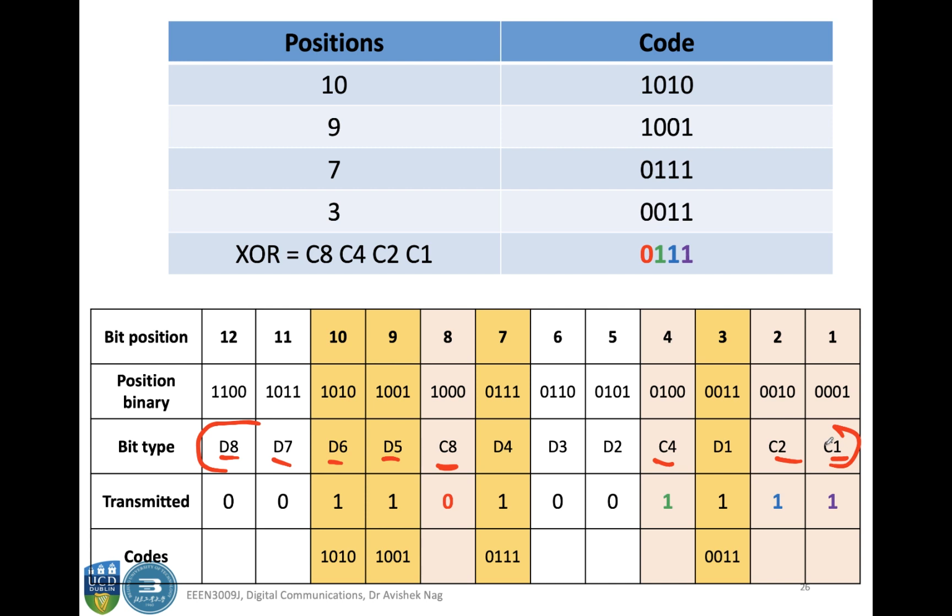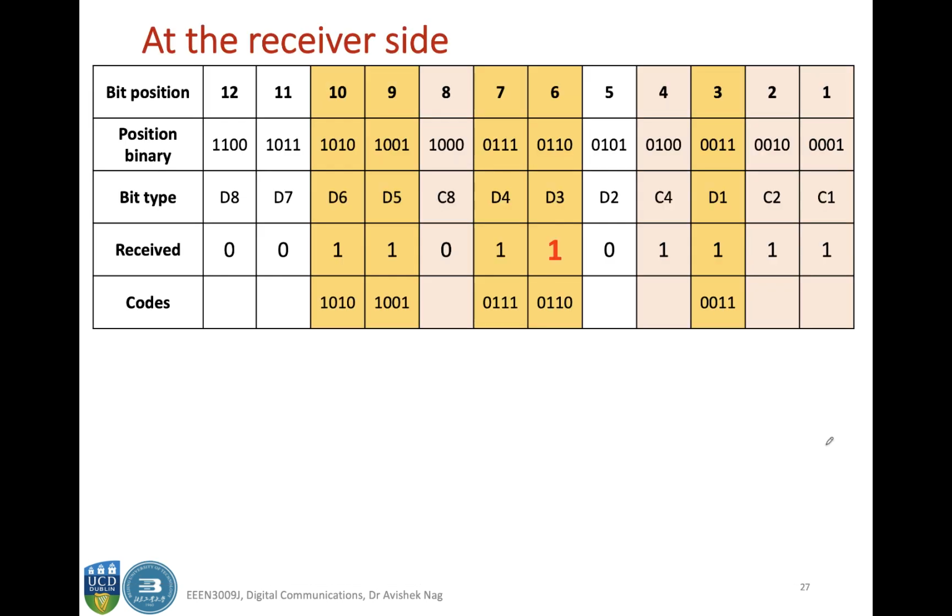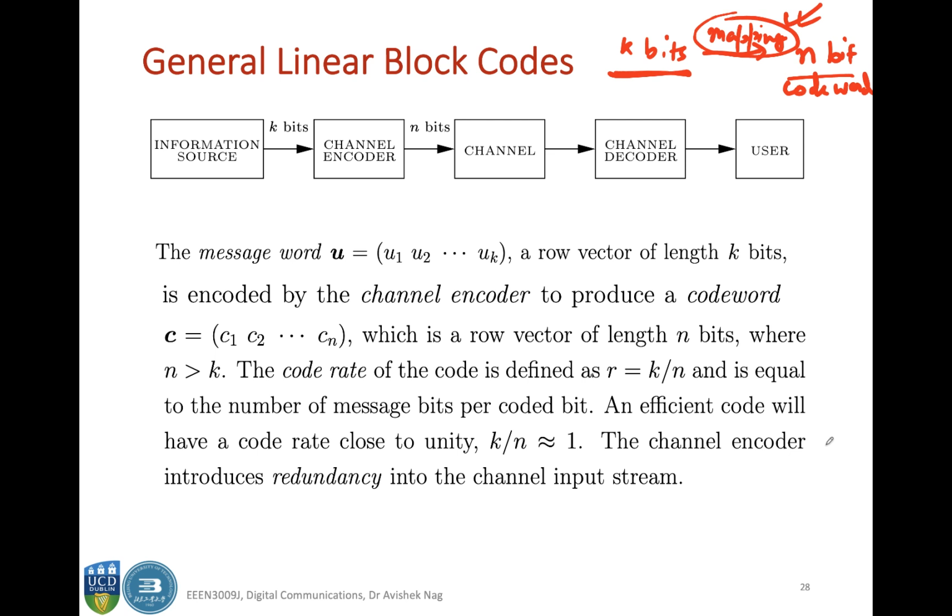Now if we can generalize this process, with k bits as input to a channel encoder and n bits as output, then how do we mathematically represent this channel encoder so that any mapping of the input k bits generates a particular unique n bit code word for those k bit messages?